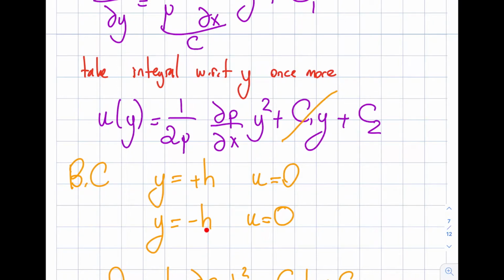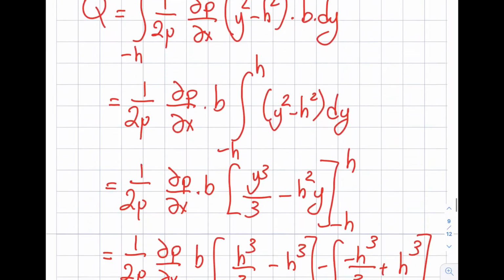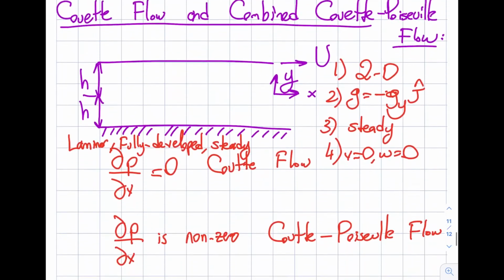At y equal to minus h, u is equal to 0. And if you look at this equation, if this is Couette flow, where del p del x is 0, this term vanishes. So I simply get a linear velocity profile, c1 y plus c2. I'll do both of them, so you can observe how to approach this. Let's go back down and continue our analysis.